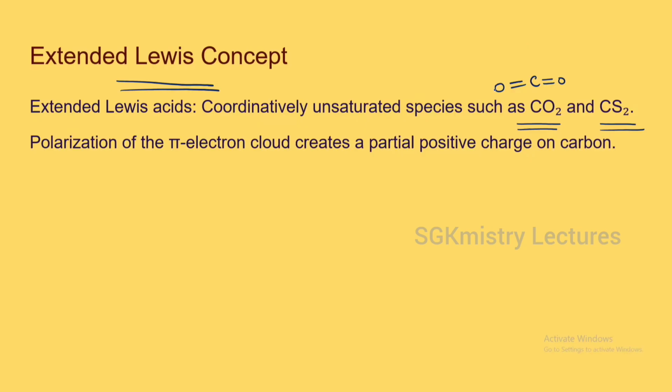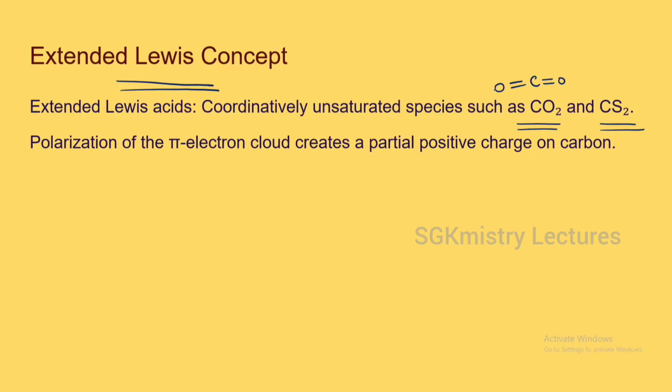It is bound to 2 oxygen atoms by making use of multiple bonds. This is mainly because the pi electron cloud of carbon dioxide or CS2, carbon disulfide, gets polarized whenever the Lewis base approaches the carbon of these molecules.